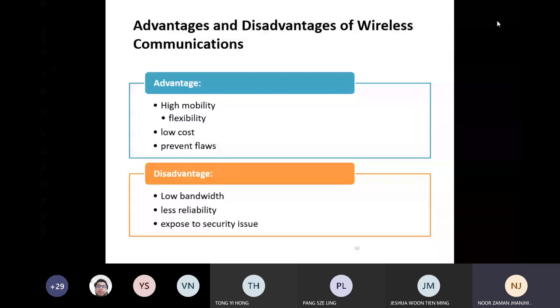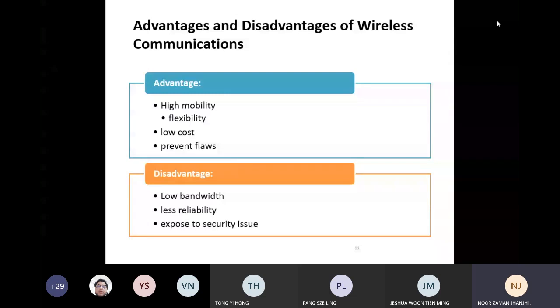If you have a wireless connection, sometimes it will go to 10 Mbps, 100 Mbps, 20 Mbps, whatever. The bandwidth will not be constant, but will be moving up and down. So this is the biggest disadvantage. And the next disadvantage is that they are exposed to security threats.